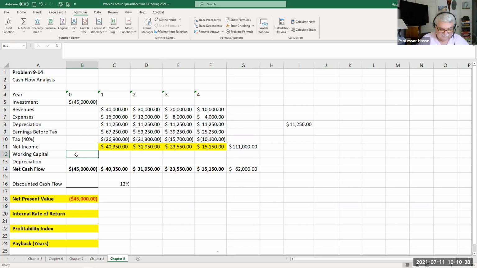Well, in this case, they say that the working capital is 20% of the first year's sales, $8,000. And that's got to be negative 0.2 because that's cash flow going out. There it is. In other words, we need $8,000 of additional cash in year 0 to get this asset up and running, and it's called working capital.